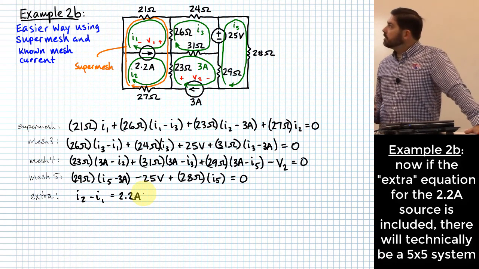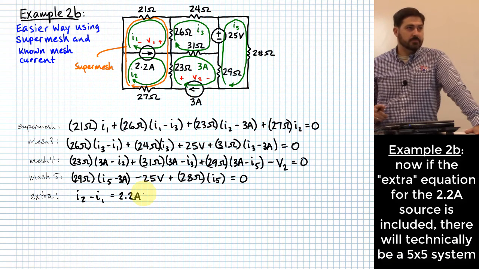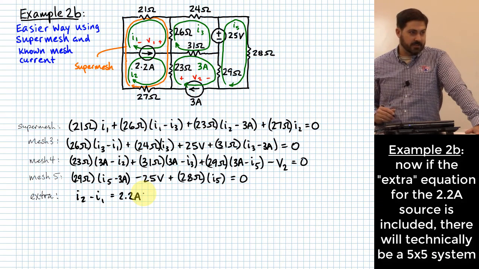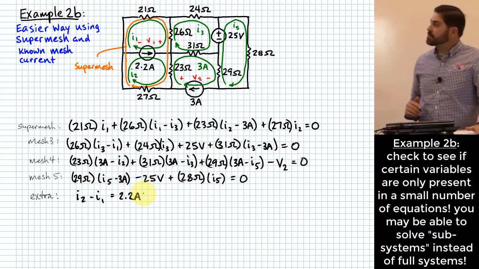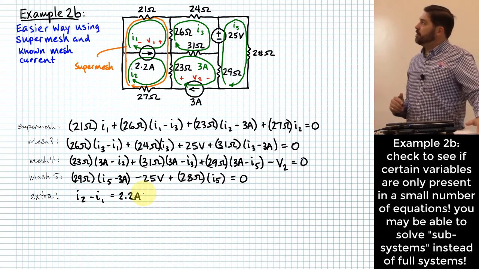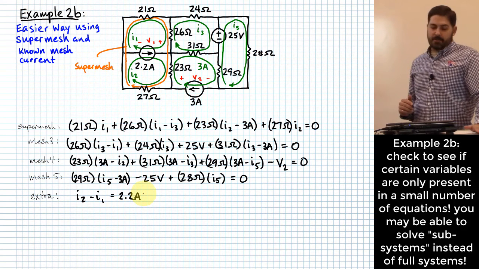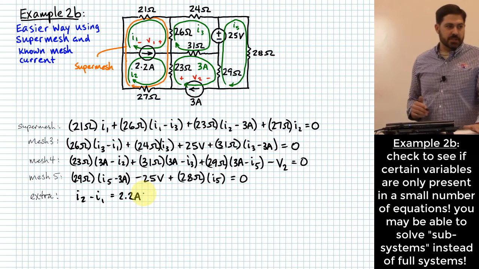Okay. Now, is that solvable? That's solvable, but now it's a 5 by 5, right? Are you happy on an exam yet? Let me show you some really neat tricks you can do here. What equation or equations does V2 exist in?